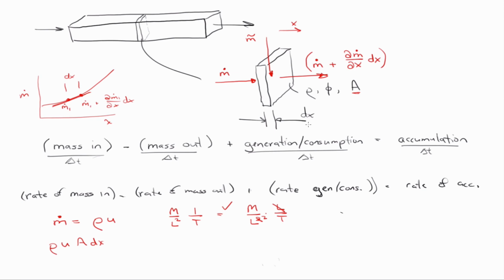Density times volume gives me mass, and mass times velocity gives me the rate of mass in. Let me use a different color just to be clear. So we have density times area times dx times velocity.